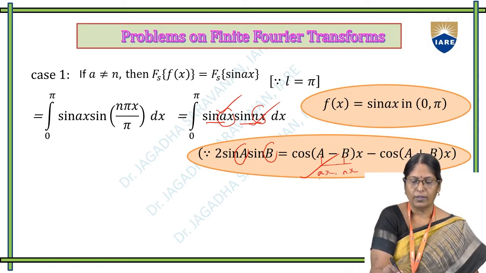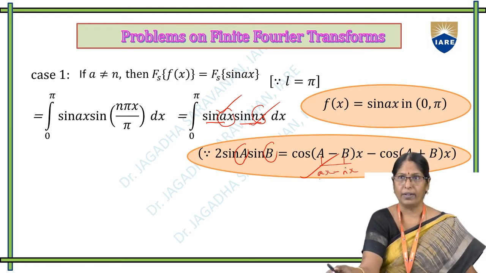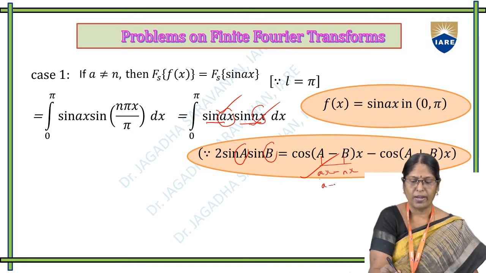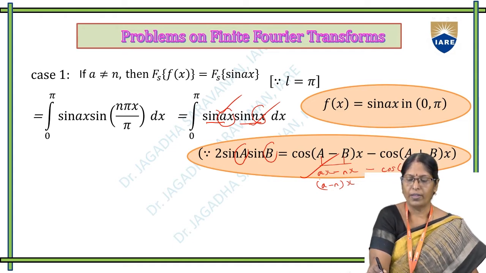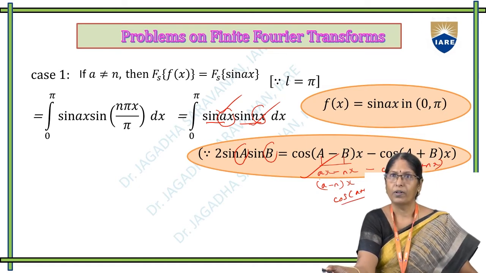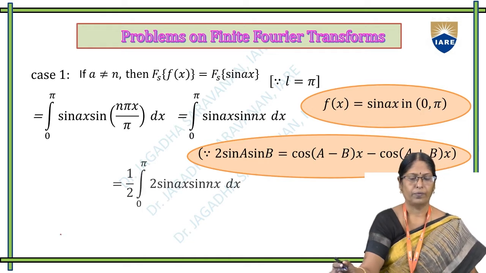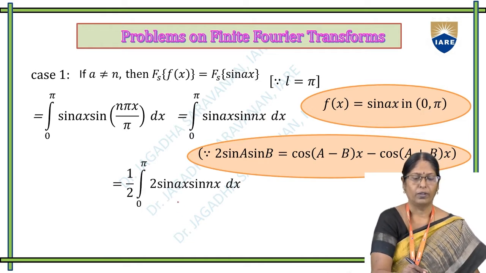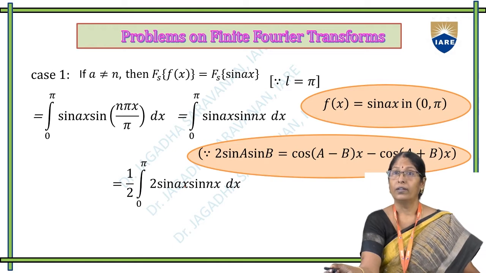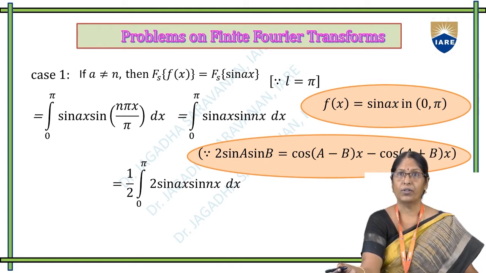So here AX minus NX, that is (A minus N) of X. Similarly here, minus cos of AX plus NX, so cos of (A plus N) X. We can do it; we have just seen how to substitute.